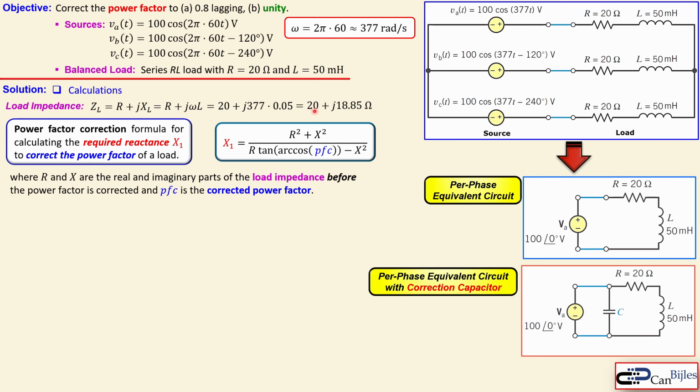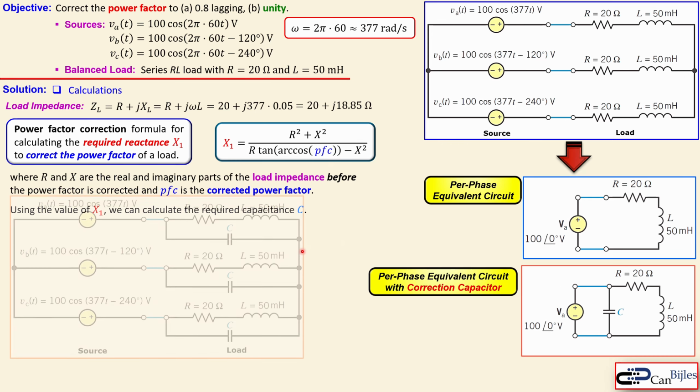So this is the R and this is the X, just 18.85, before the power factor is corrected, and the power factor correction, the PFC, is what we need. When you substitute the values for a specific situation, we can calculate the reactance X1, and from there we can calculate what the required capacitor is.